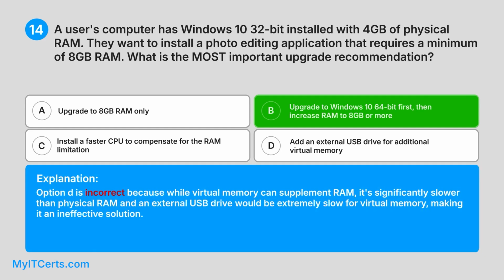Option D, add an external USB drive for additional virtual memory, is incorrect because while virtual memory can supplement RAM, it's significantly slower than physical RAM, and an external USB drive would be extremely slow for virtual memory, making it an ineffective solution.